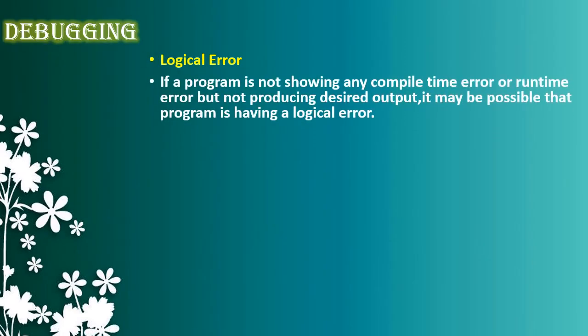So it's a meaningless statement, so it is a semantic error. And logical error: it will not show any compile-time errors, and it will not show any syntax errors. There is a mistake in the programming logic. For example, we want to find the addition result, but inside the code we are using the minus subtraction symbol, which means it's a logical error. Instead of the addition, we give the subtraction result. That's a logical error.